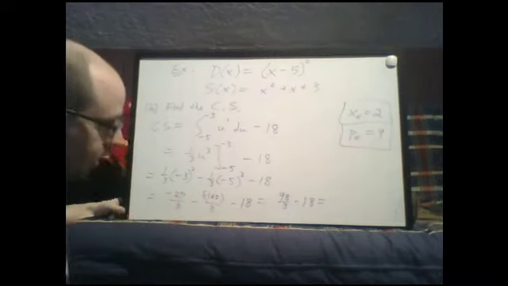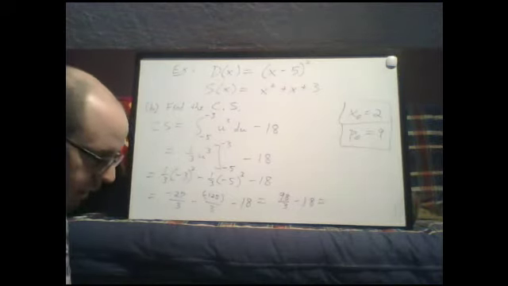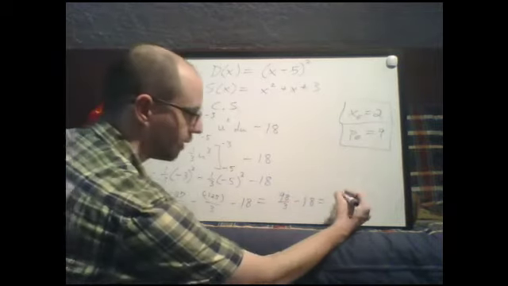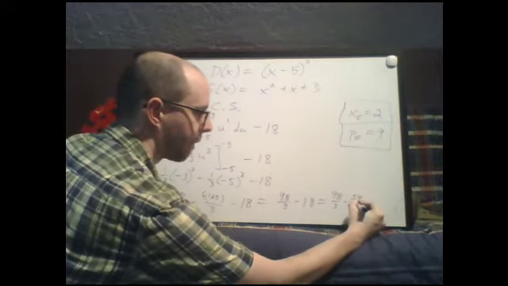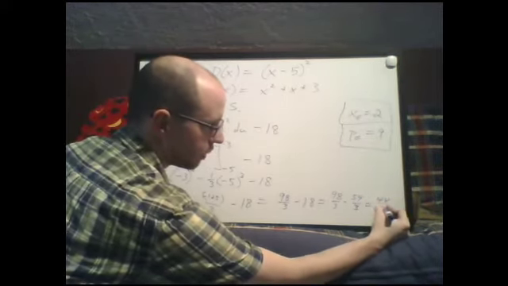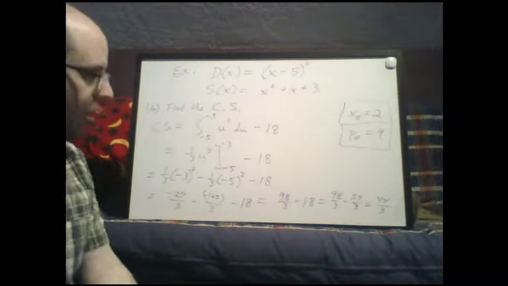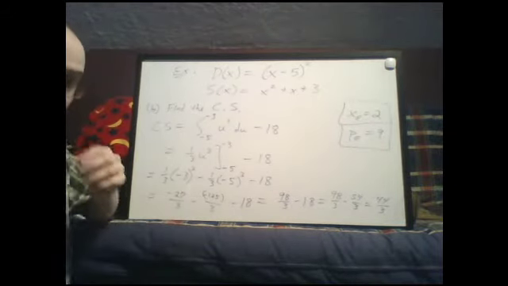And what is that? 18 is 30 plus 24, 54 over 3. So that's 44 over 3. Okay, so our answer to the consumer surplus is 44 over 3.